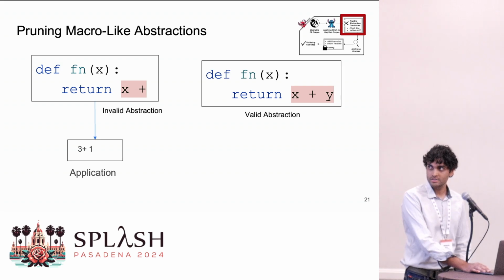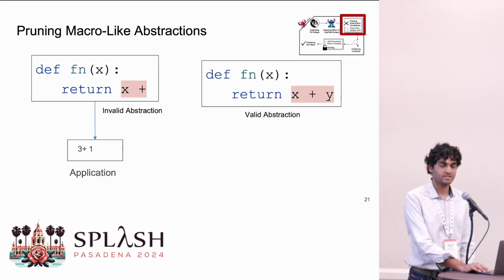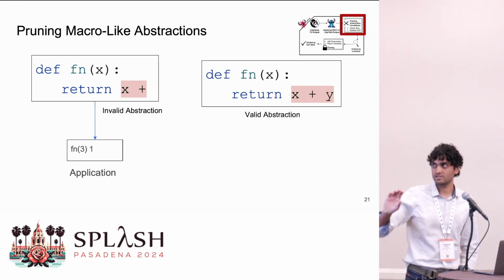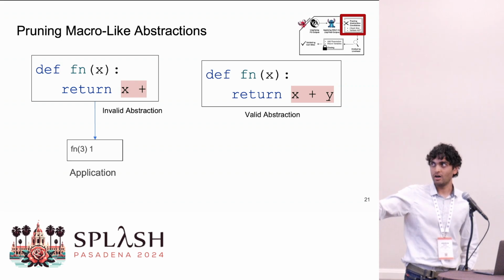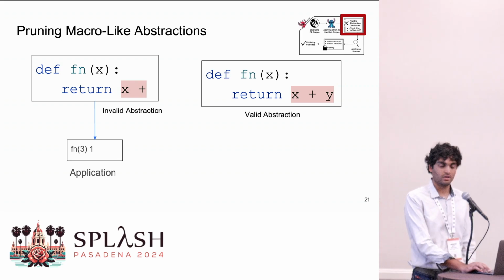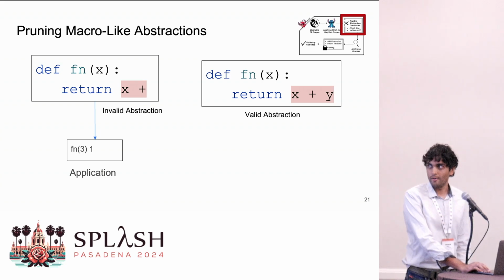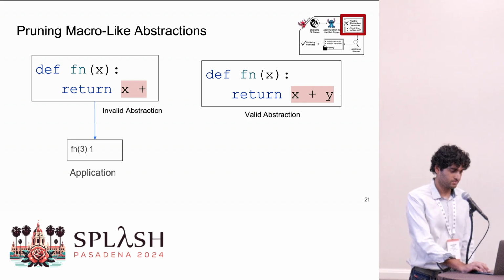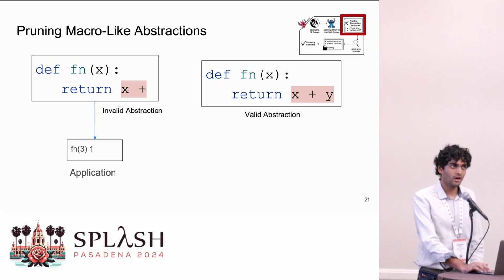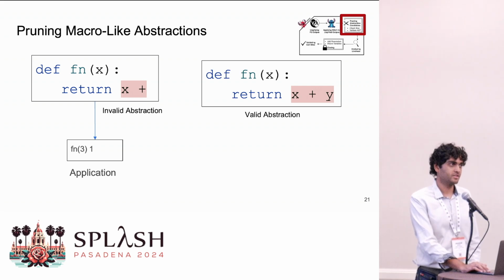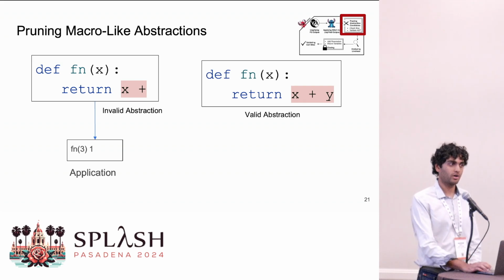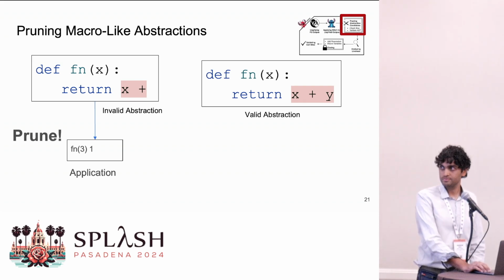And what Stitch intends us to do is to replace this 3 plus 1 with just a text for text replacement, and put in the body of the function there. And that's why I call this a macro-like abstraction. This is clearly invalid, and this wouldn't work in Python. So we figure out that this is an incomplete part of the AST, and we prune this out.